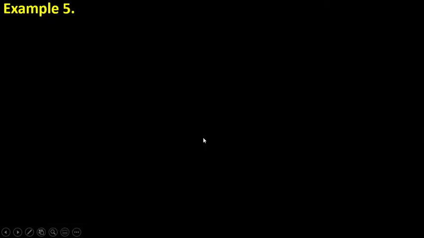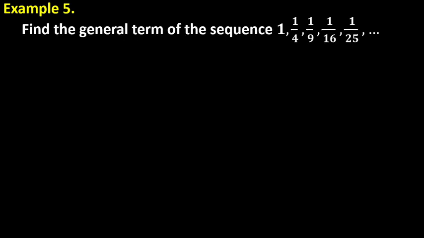Example number 5. Pwede bang hindi gumamit ng table? Tingnan natin. Find the general term of the sequence 1, 1 over 4, 1 over 9, 1 over 16, 1 over 25, and so on. Ilang terms yung given? 1, 2, 3, 4, 5. 5 terms ulit. Tama?